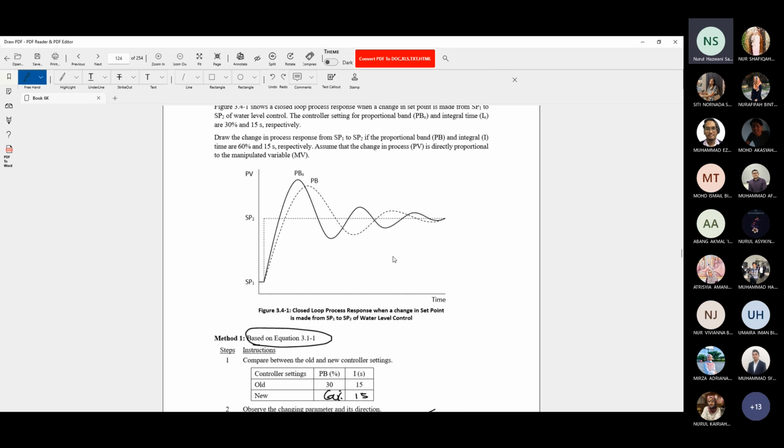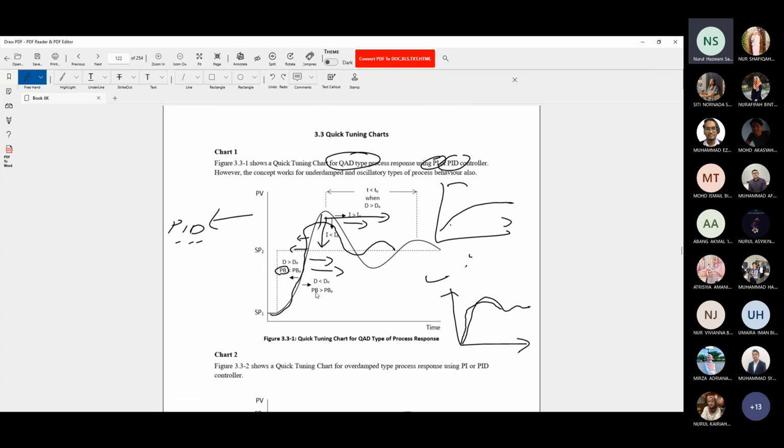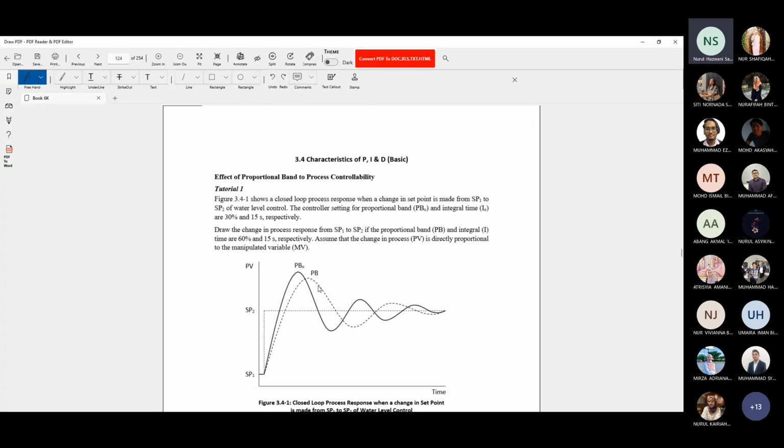So kita tengok bila you guna chart 1, when you increase the value of PB, so the graph tu akan move to the right. Ikut arrow ni. So on the response, yang ni dia dah tolong lukiskan dash line untuk you.